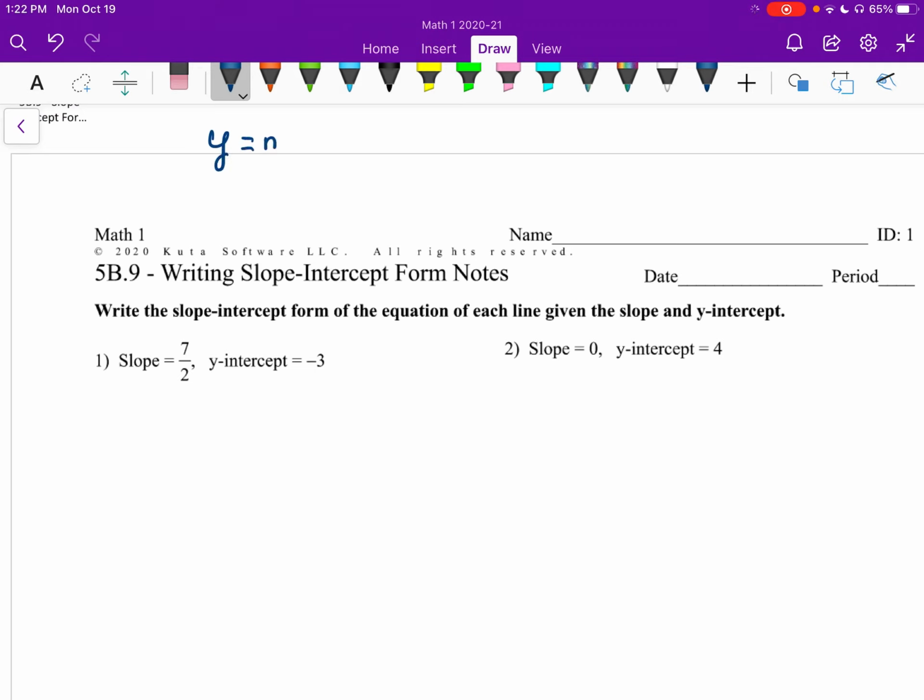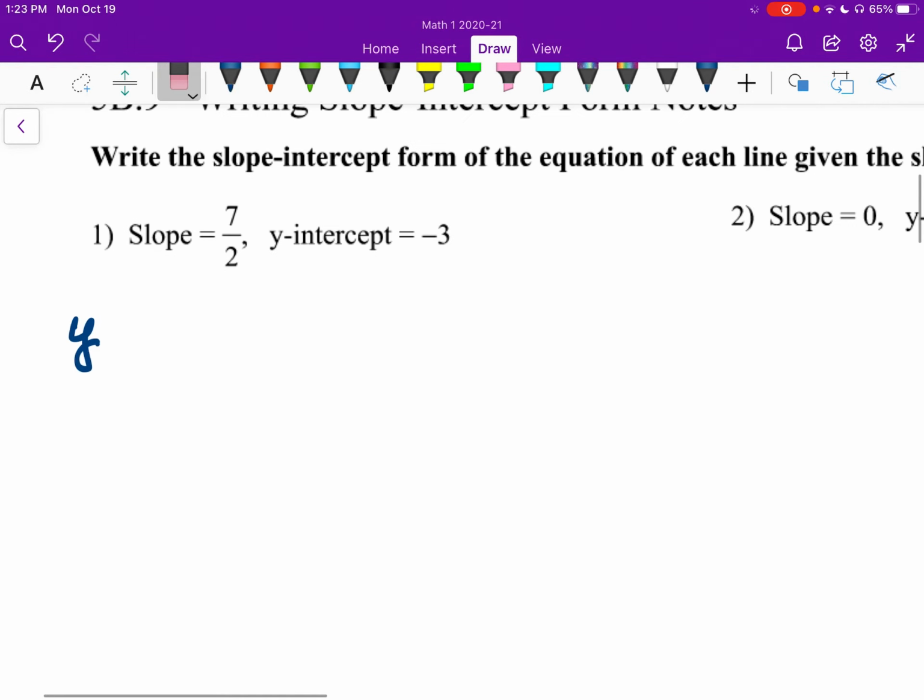It's y equals mx plus b, where m is your slope and b is your y-intercept. So what we're going to be doing here is we're just going to plug into that formula. We'll start off by saying what is m and what is b.